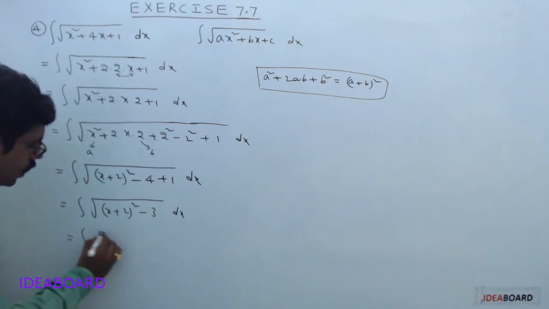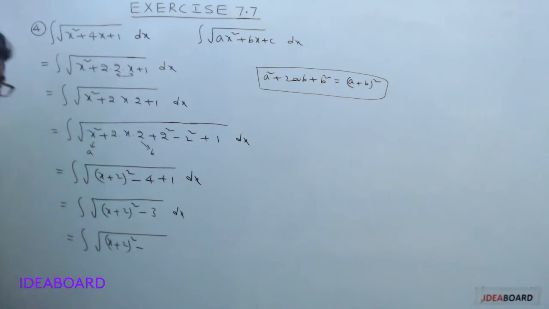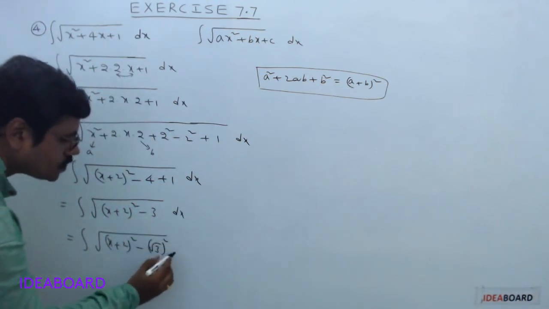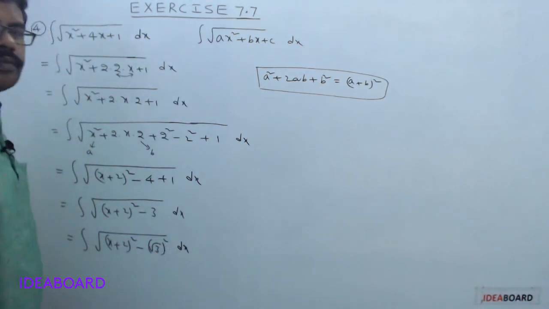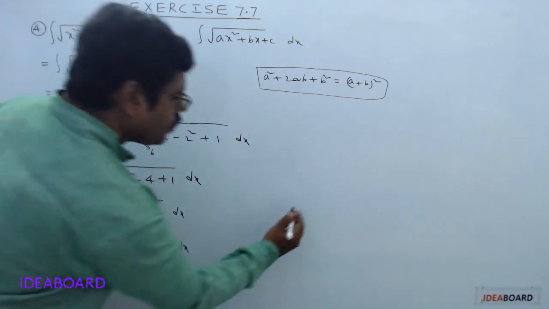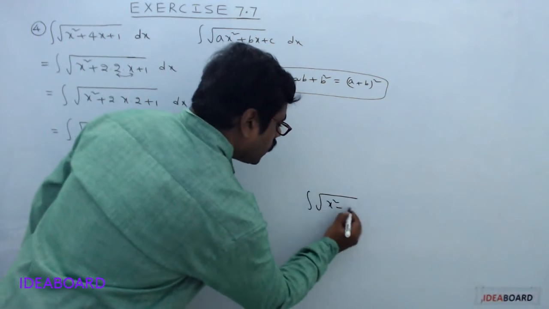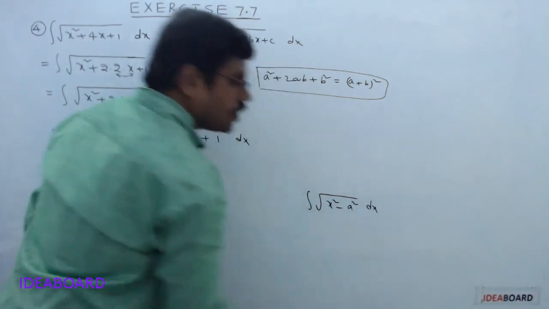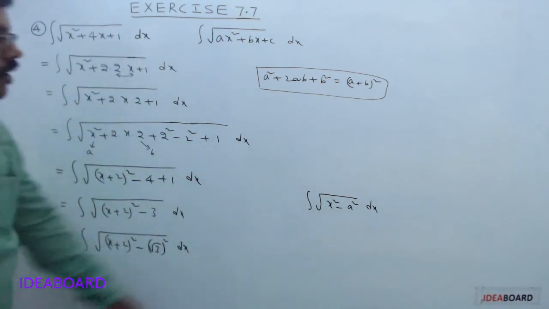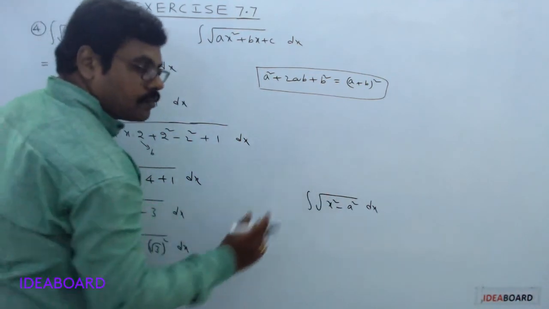Now it is integral square root of x plus 2 whole square minus 3 can be written as root 3 whole square dx. Now here this term is of the form integral square root of x square minus a square dx. In place of x, x plus 2 will be there. In place of a, root 3 will be there. What is its formula?